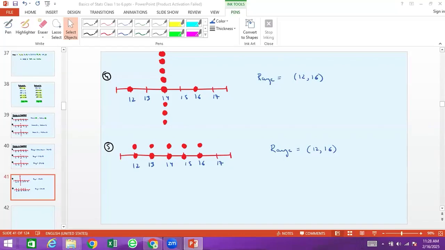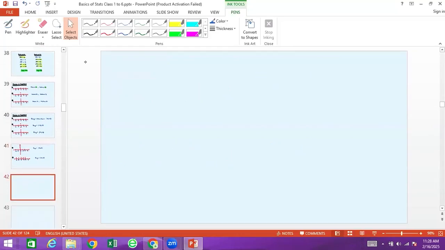So it means that even the range is not sufficient. Okay, so let's calculate something else. Okay, let's calculate this. Again, the same case. This is 12, this is 13, 14, 15, 16.